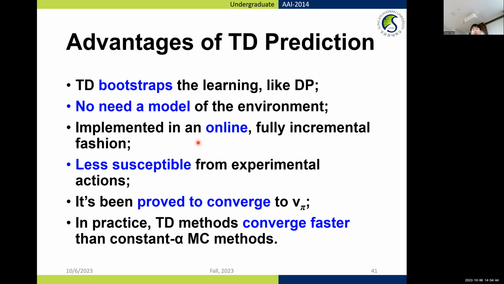There's also proof that it converges to the optimal value based on the policy pi. In practice, TD methods converge faster than the constant alpha MC methods, because it's online, so you can update dynamically instead of waiting until the end of the episode.